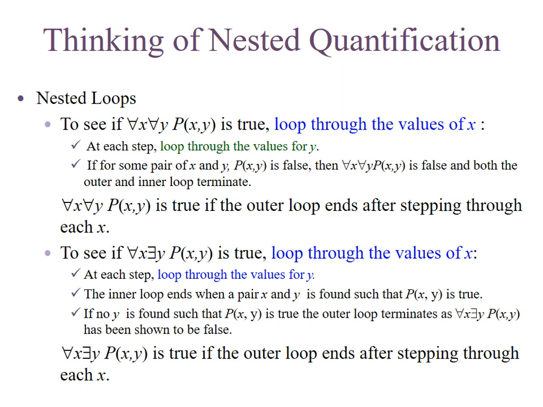So we need to examine if P of D1, D1 is true or not, P of D1, D2 is true or not, up to P of D1, D100. If you discover any pair of D1 and some D that is false, then this particular logic is false, because it's not true that for all x, for all y, P of x, y is true.